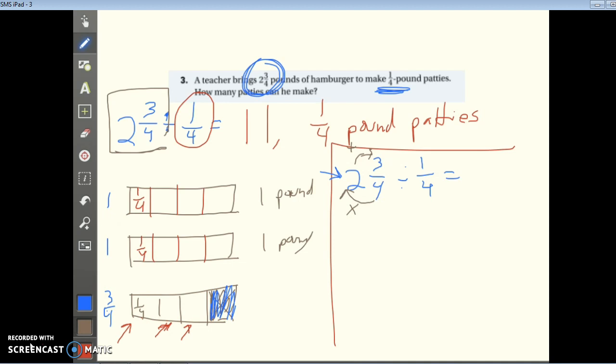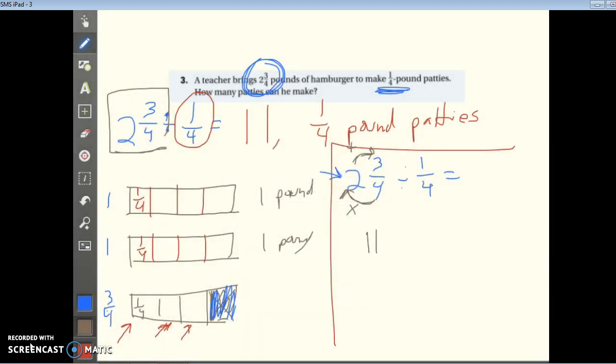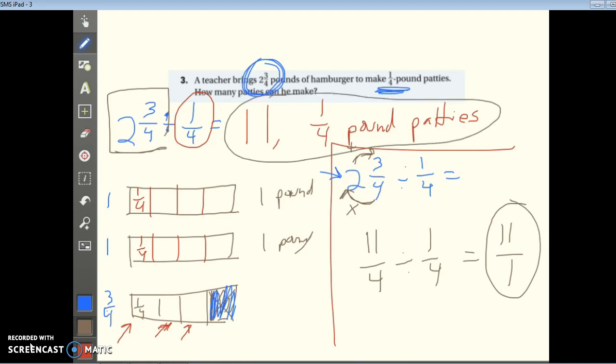So 4 times 2 is 8, plus 3 is 11. So this turns into 11/4 divided by 1/4. And we know that 11 divided by 1 is 11. We know that 4 divided by 4 is 1. So we have 11 here, and we have 11 up here.